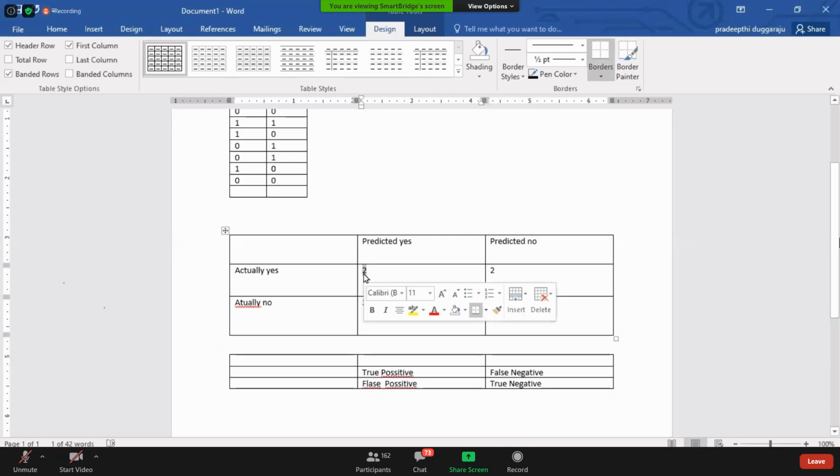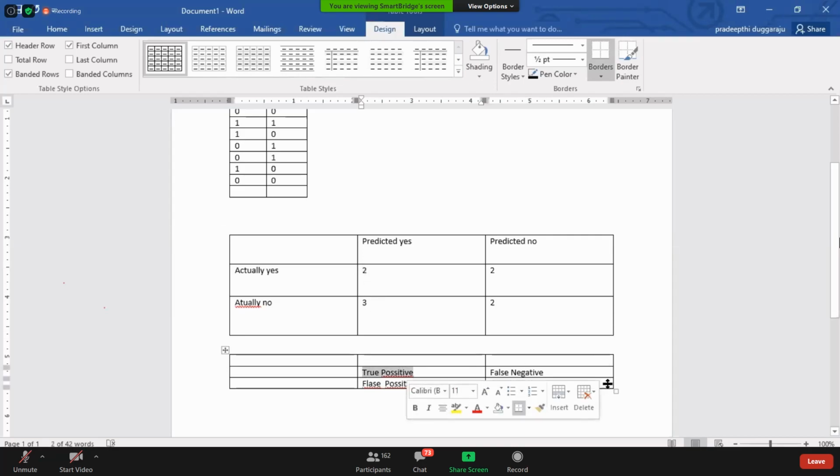So correct predictions are considered as true, wrong predictions are considered as false, yes are considered as positive, no are considered as negative. So these are true yes predictions, correct yes predictions. That's the reason true positive. These are correct predictions of no, so that's the reason it's called true negative.